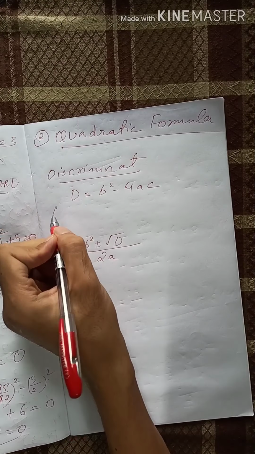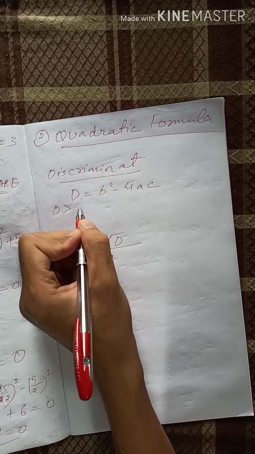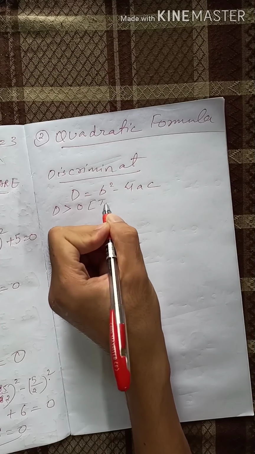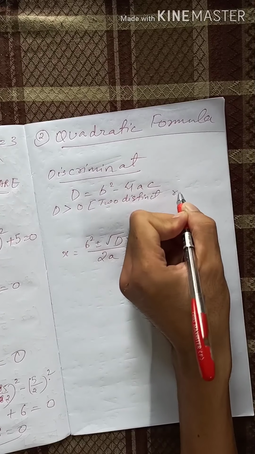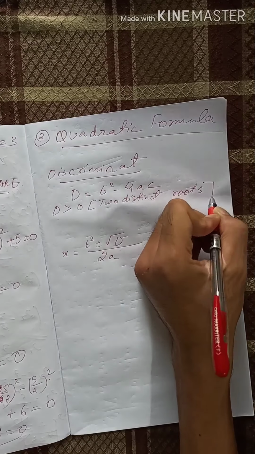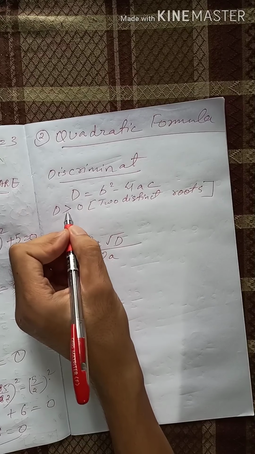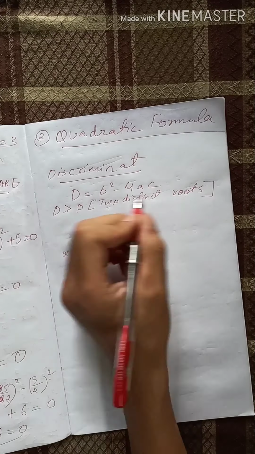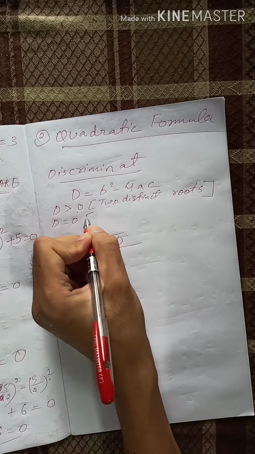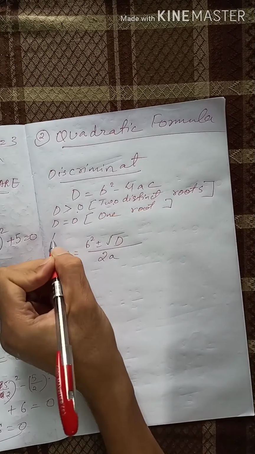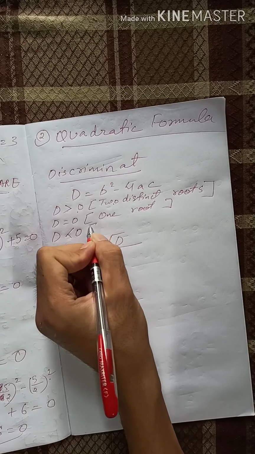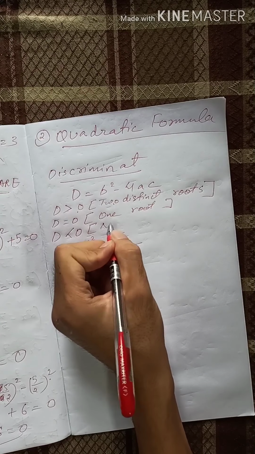Now, if the discriminant is greater than 0, then we have two distinct roots. If you get D equals to 0, then you have one root. If discriminant is less than 0, that means negative, then there are no roots.